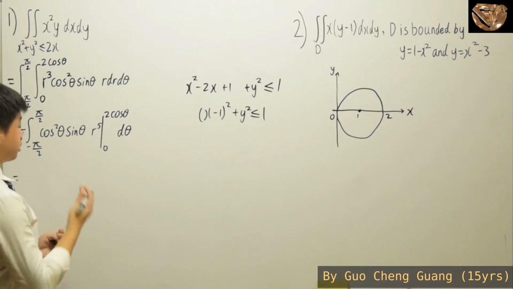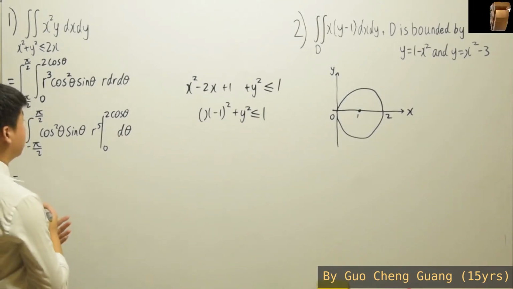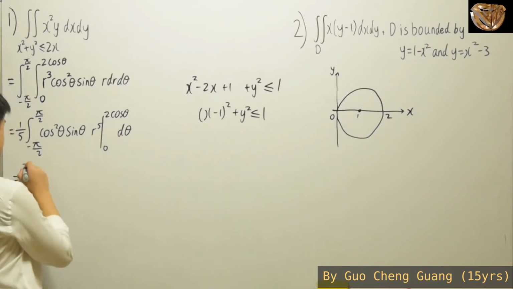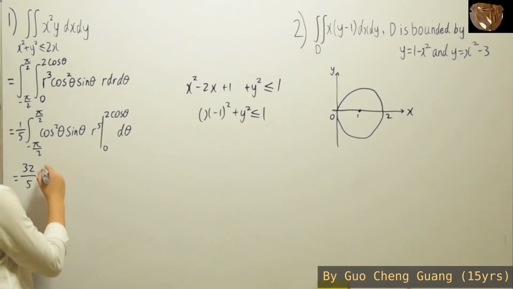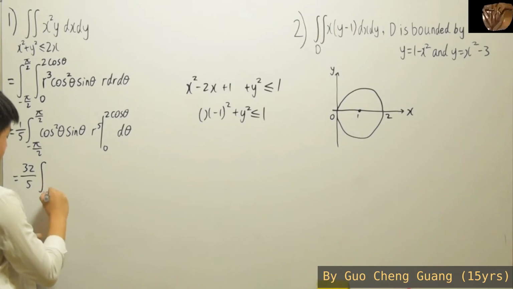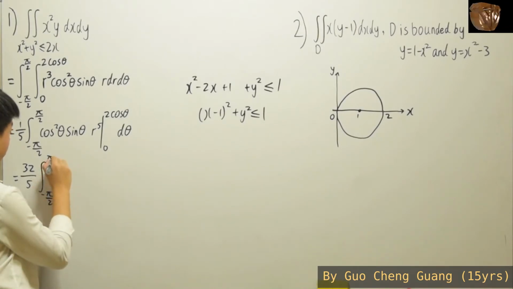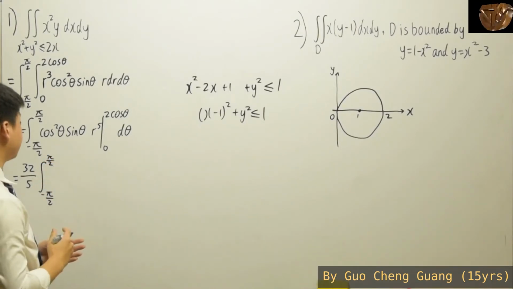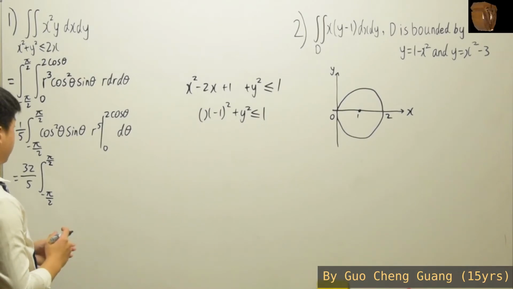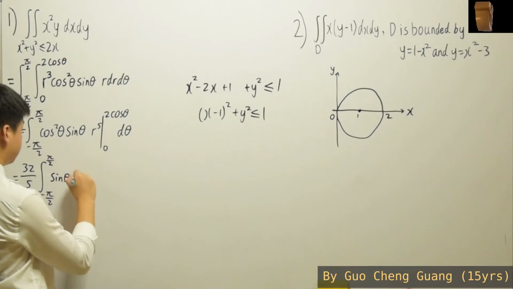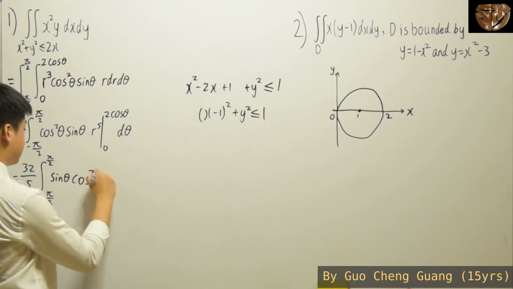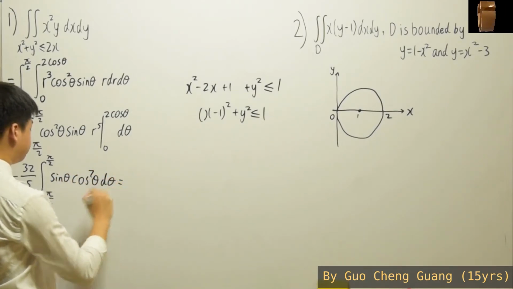And next, you're just going to sub in your values for r. So 2 to the power of 5 is just 32. So outside you have 32 over 5. Then you have integrate from negative half pi to half pi. Alright. And then you're going to have sine theta, cosine to the power of 7 theta d theta.